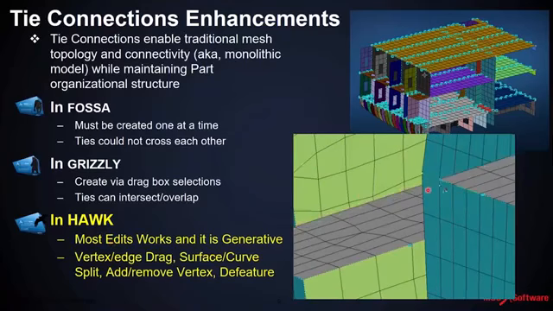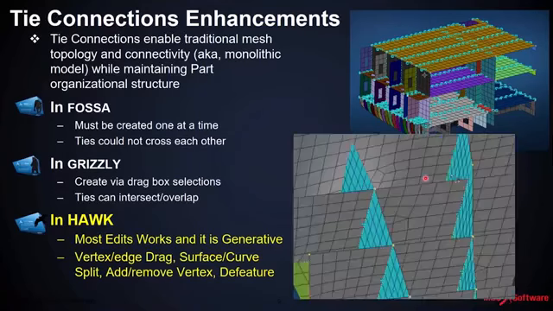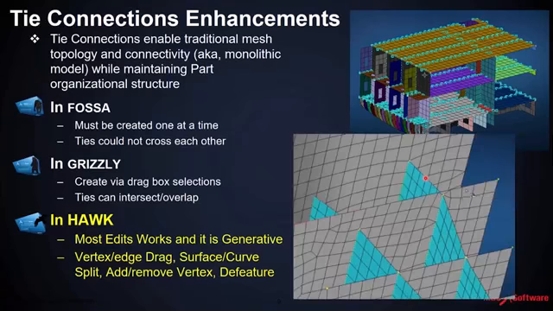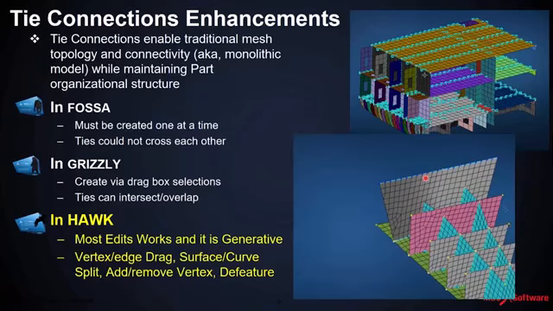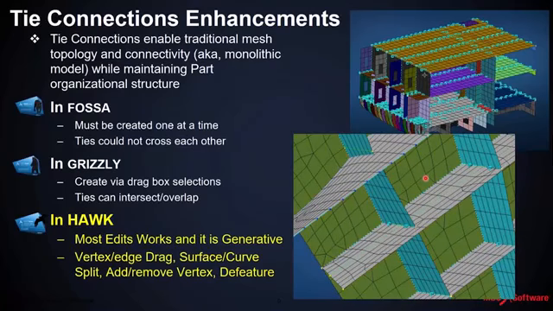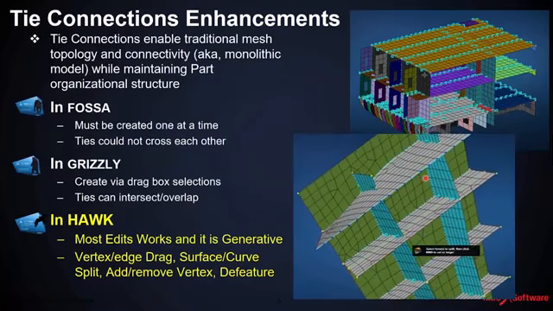For example, you can do edge and vertex tag, or you can split a surface, or split a curve, or add or remove a vertex, or even defeature the geometry. All those things are possible today in the tie connected assembly model. This makes it a lot more user friendly, and the usability of the assembly techniques will be much more enhanced in Hawk.